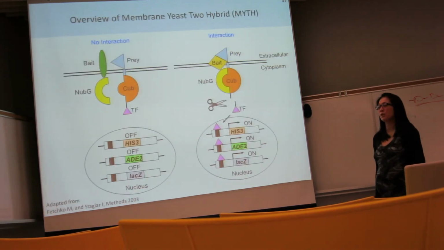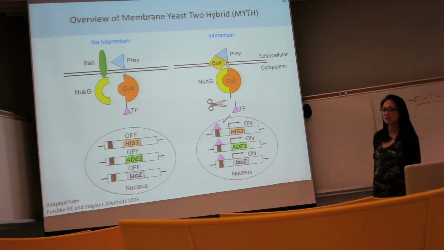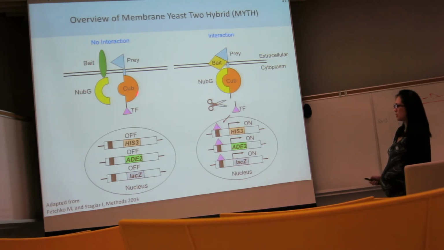Finally, we performed membrane yeast two-hybrid to validate a number of our predictions. This experiment involves splitting a ubiquitin molecule into two fragments. One is attached to the bait, and one is attached to the prey and a transcription factor.